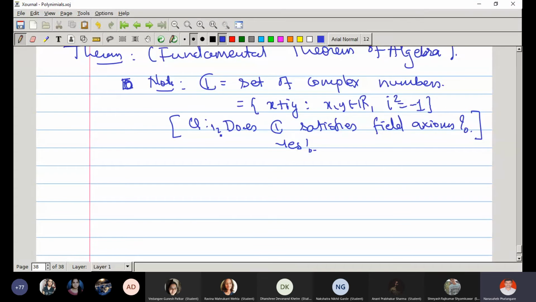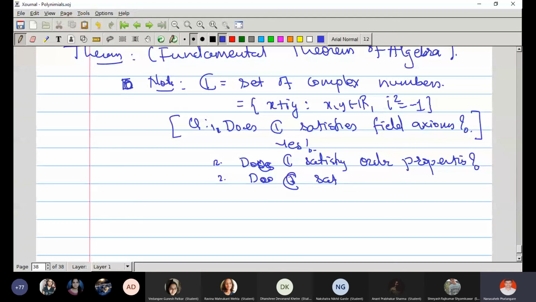And then the next question I would like to ask is, does C satisfy order properties? Or is there any order? And does C, the set of all complex numbers, satisfy the completeness property?